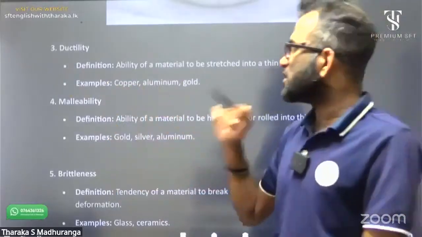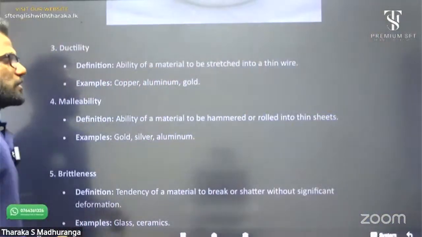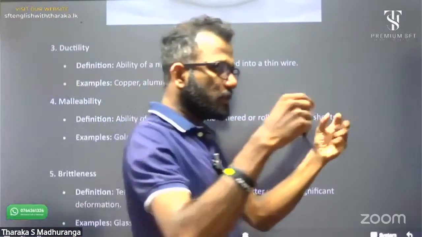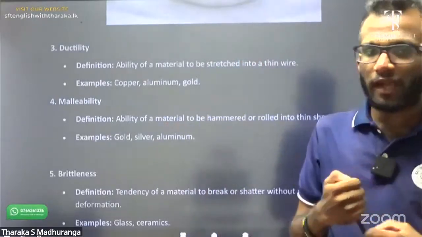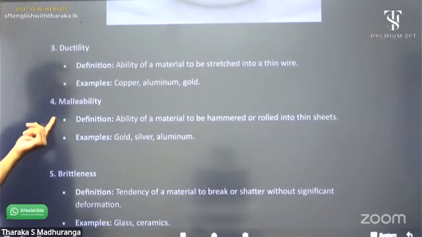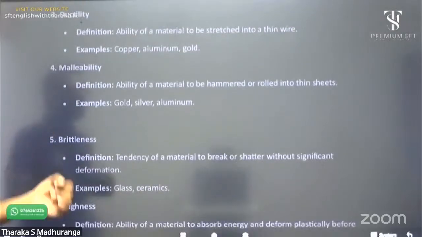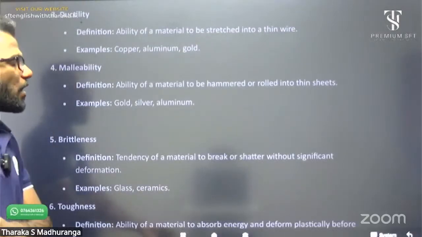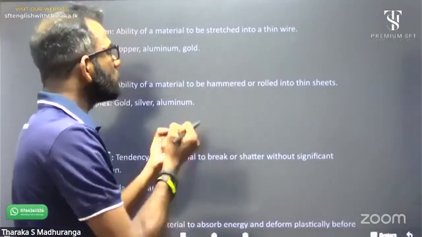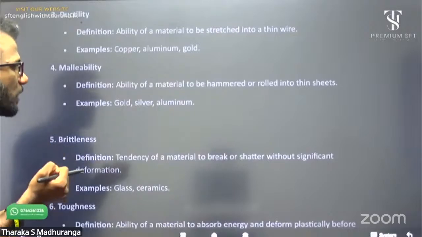For your additional knowledge. Ductility: the ability of a material to be stretched into a thin wire. Malleability: the ability of a material to be hammered or rolled into thin sheets.